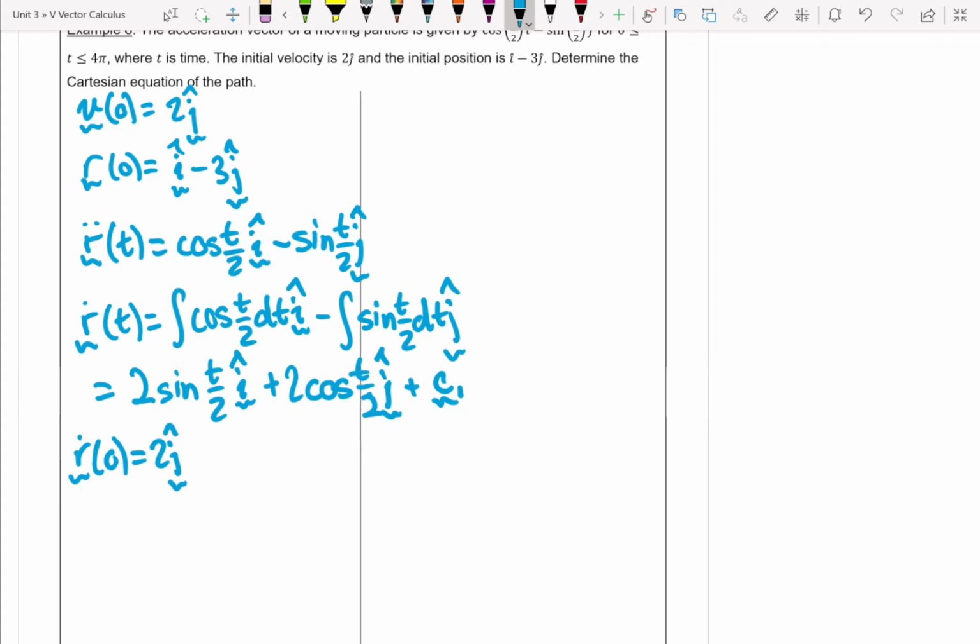So in this case, we have 2j equal to 2 cosine 0 j plus c. Therefore, c1 is equal to 0.